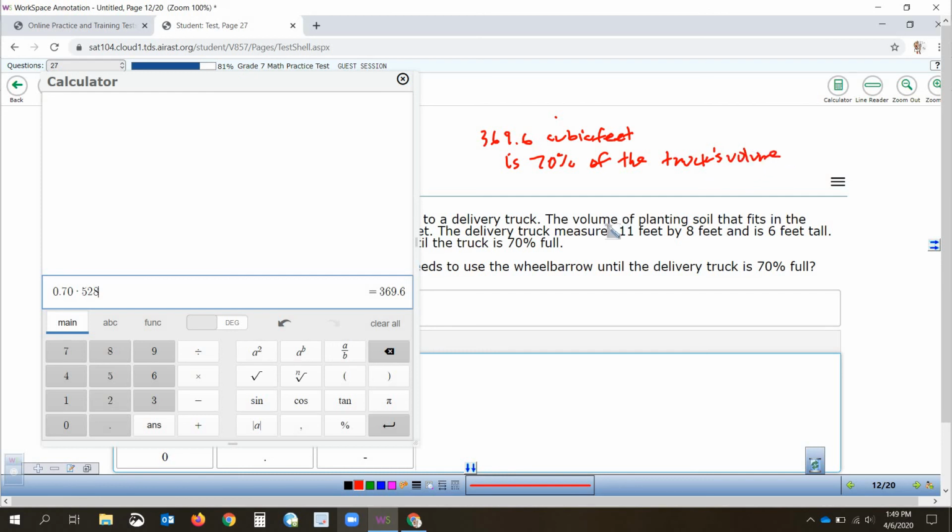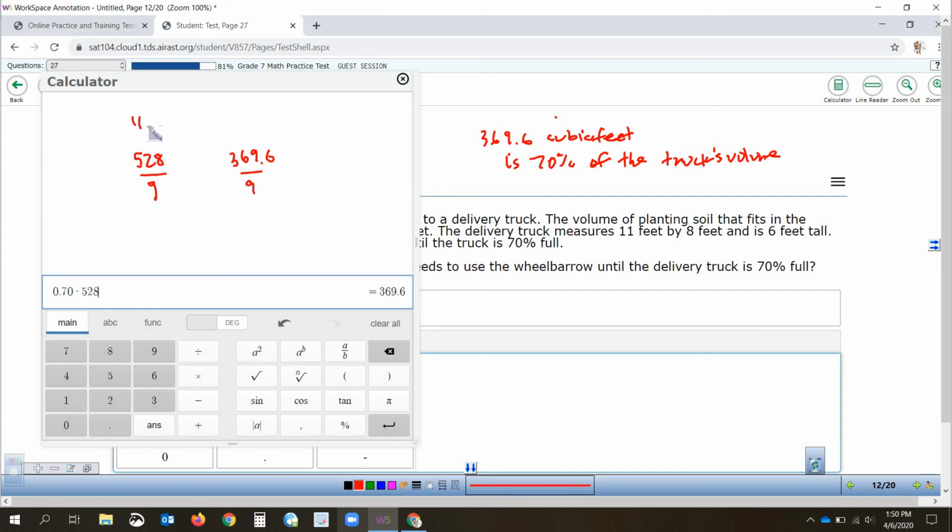Right? All right. So remember, before when we were doing the entire truck's volume, we did 528 divided by the volume of the wheelbarrow, 9, right? Now we're going to do 369.6 divided by 9.